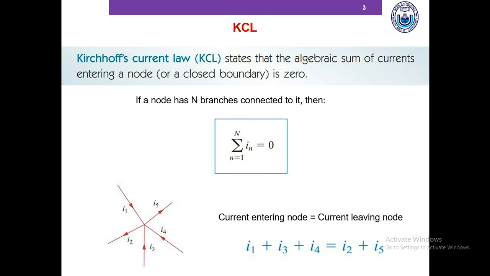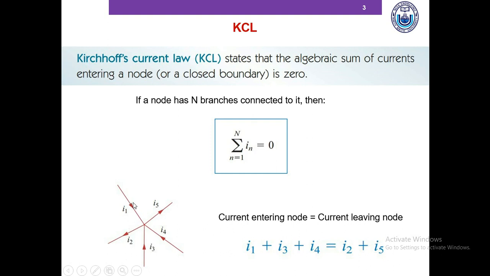So Kirchhoff's current law, KCL, states that the algebraic sum of currents entering a node is 0. This means that, for instance, here we have a node, and it has got 1, 2, 3, 4, 5 branches, and each of the branches has a current.